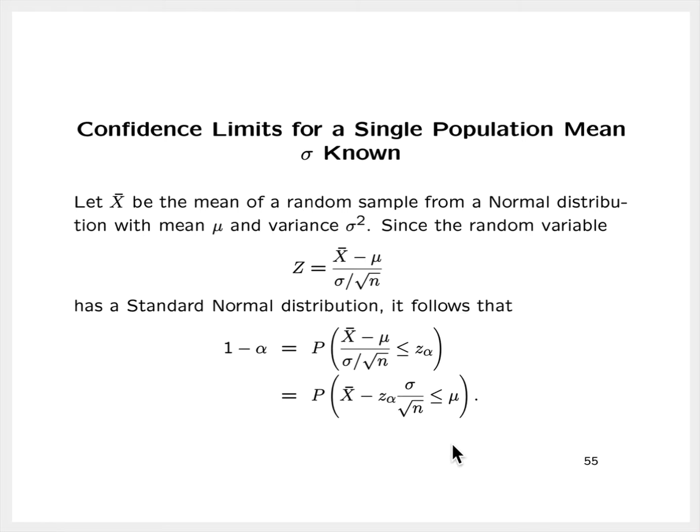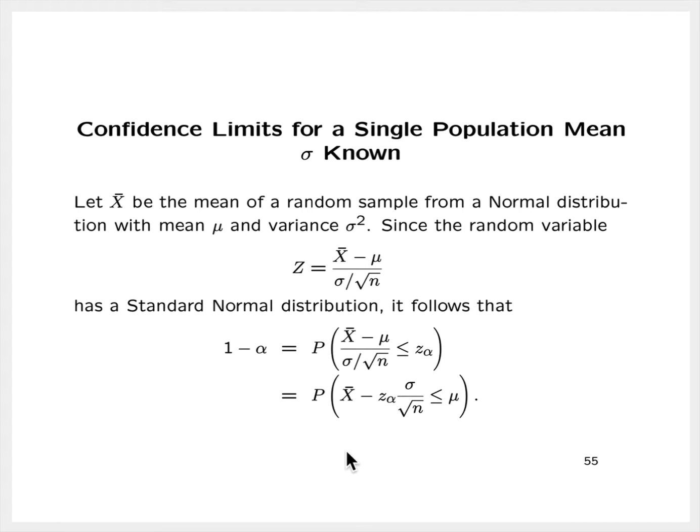But when we think of it that way, we have to keep in the forefront of our mind that mu is not random. Mu is a constant. It's an unknown constant, the unknown value of the population mean, and the quantity on the left-hand side of the inequality, x bar minus z sub alpha times the standard error of x bar, is the random variable in this probability statement.